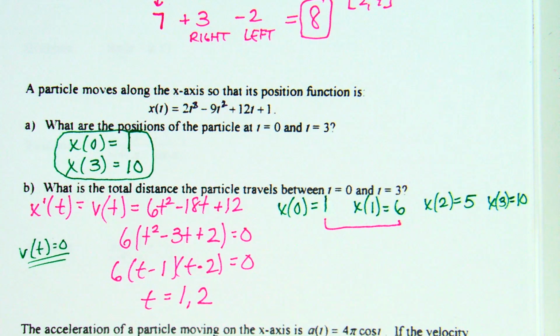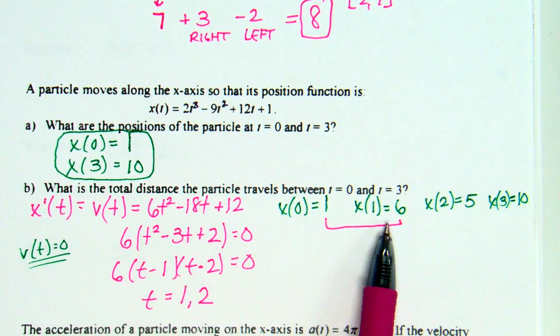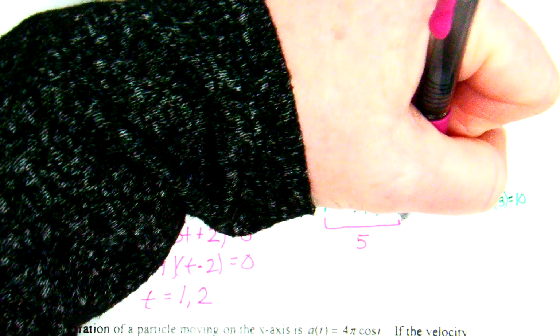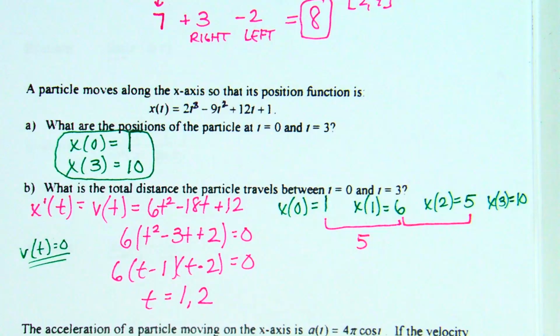Okay. So from time 0 to time 1, what was my particle motion? 5. We had a movement of 5. From time 1 to time 2, -1. Okay. I moved back 1, yes? However, when we talk total distance, that is a distance of 1.